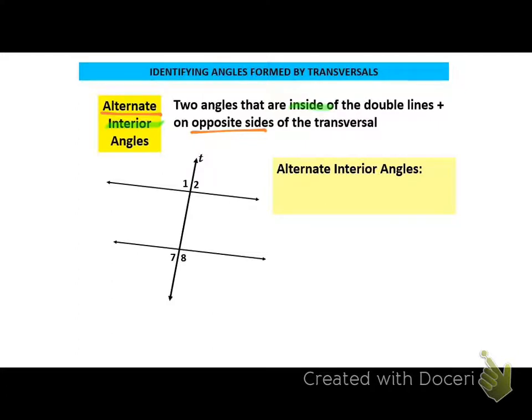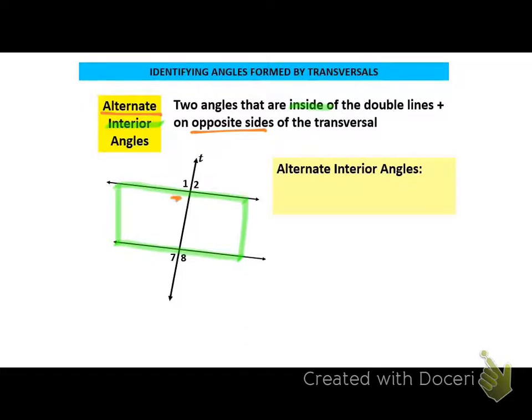So the trick I teach my students, because sometimes these pictures get a little more complicated, is if you just connect the double lines, you can very clearly see what would be inside and what would be outside. So 1, 2, 7, and 8 are on the outside. We would call them exterior angles. So the ones that are missing here are going to be interior.